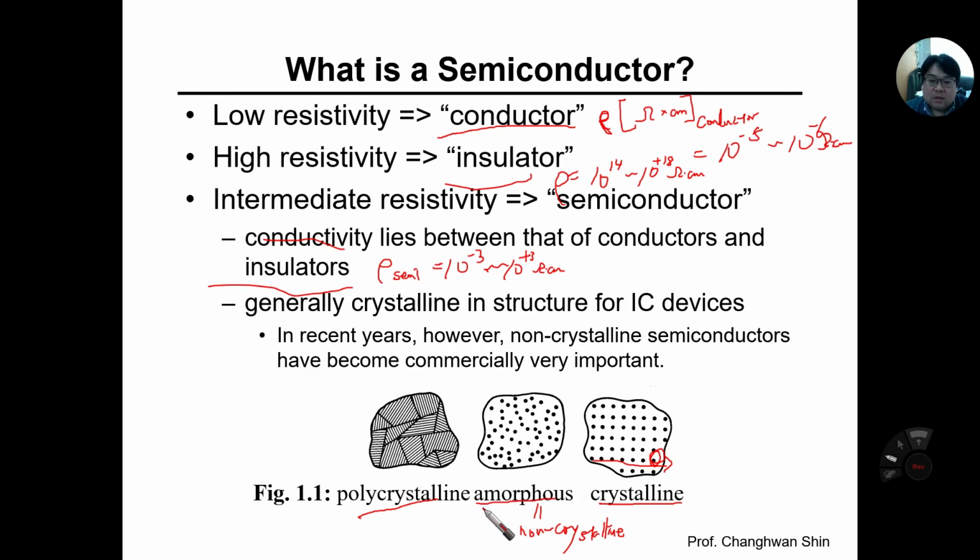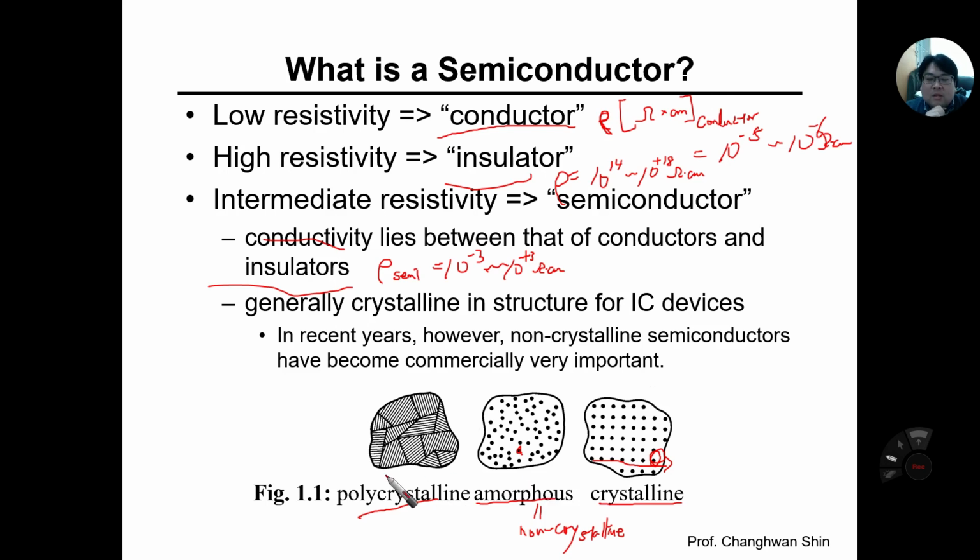However, in case of amorphous material, think about how the black dots are placed. No rules, right? There is no governing rule for how those black dots are placed in a material. In this case, we can say that this material is classified as amorphous material.